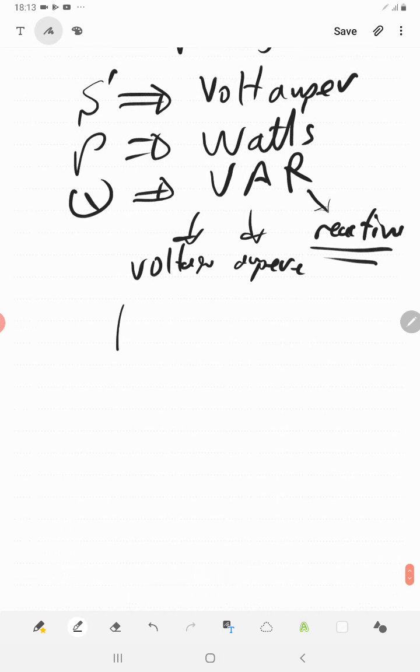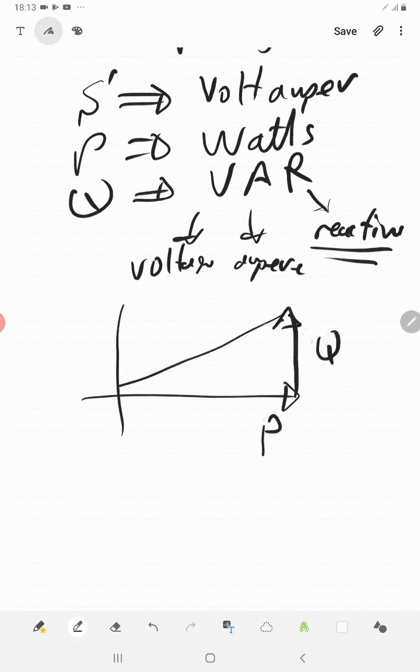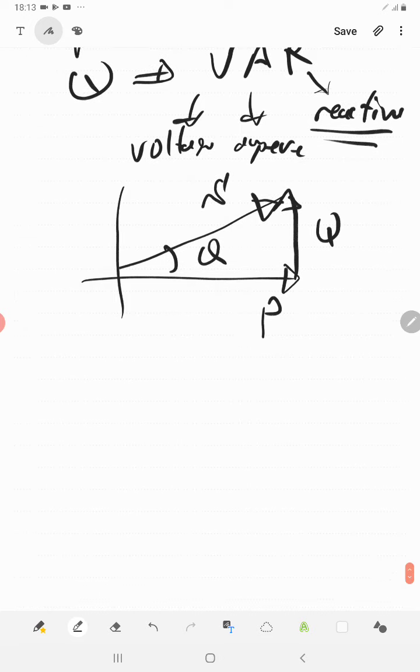And hence we get the power triangle. This is P, this is Q, and this is S, and this is theta. So S equals square root of P squared plus Q squared.